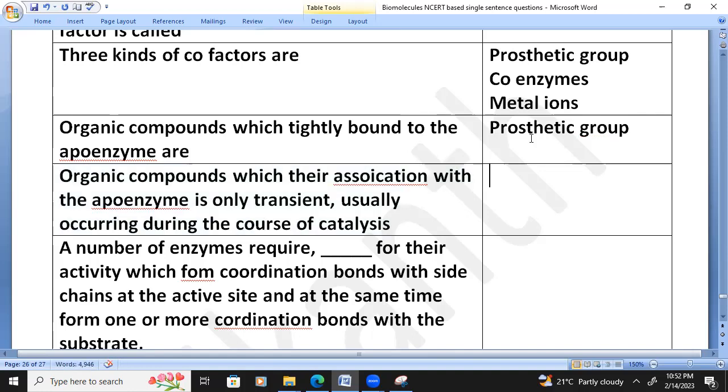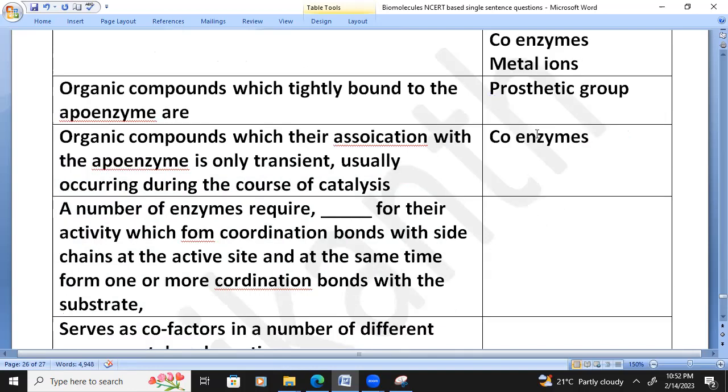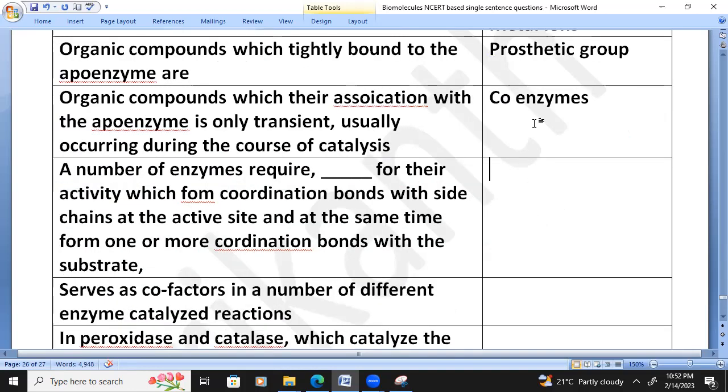Organic compounds whose association with the apoenzyme is only transient, usually occurring during the course of catalysis, are coenzymes.